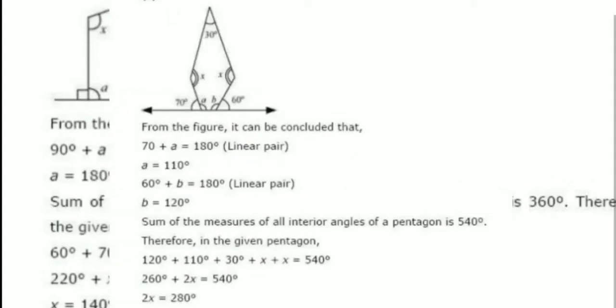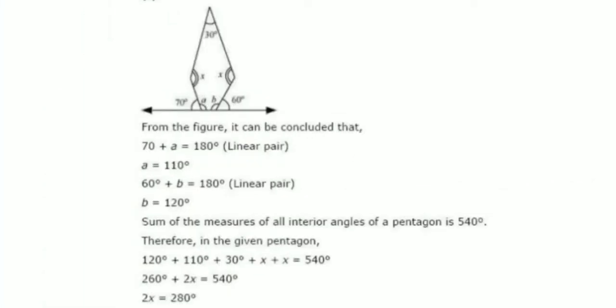Let's see the C question. From the figure, it can be concluded that this 70 plus a is equal to 180. Why? This is a linear pair. So the value of a will come 110 degree. Same as this side, right hand side, 60 plus b is equal to 180.